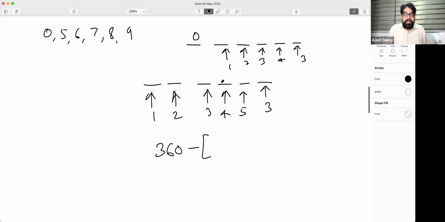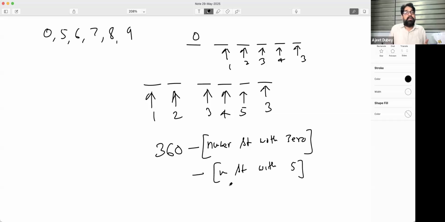Yeah, 72. Sorry. So minus the numbers that start with 0. I don't want that, I will subtract it, as well as minus the numbers that start with 5. Numbers starting with 0, how many? 72. Numbers starting with 5, let's calculate.